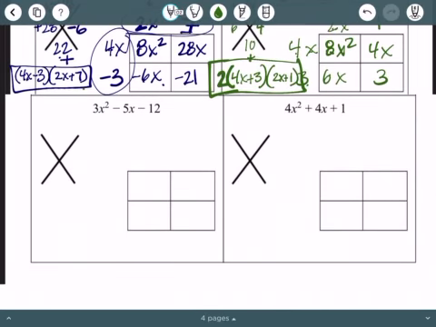Looking at this next example, I don't have anything in common, so I'm going to do 3 times negative 12. It's going to give me negative 36. Negative 5 is on the bottom. 36 is 1 and 36, 2 and 18, 3 and 12, 4 and 9. I see 4 and 9, those are 5 apart.